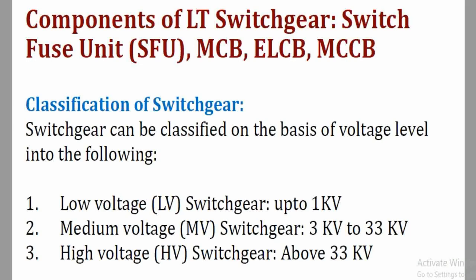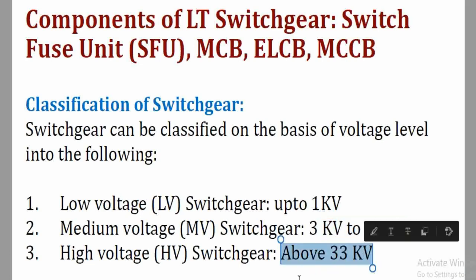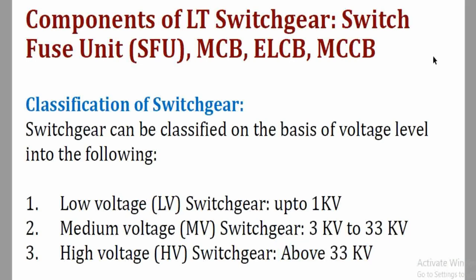If the voltage is between 3000 and 33000 volts, the switchgear used is medium voltage, and if the voltage rating is more than 33 kV, the apparatus used for protection of equipment is called high voltage switchgear. These are the types: low voltage, medium voltage and high voltage switchgear.